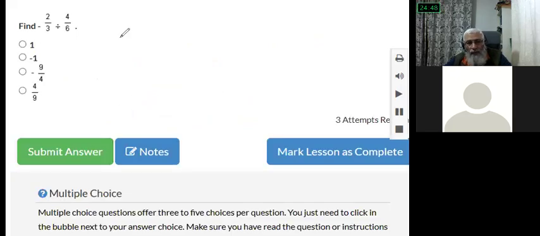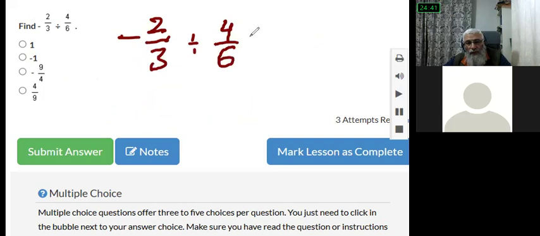This one. Negative 2 over 3 divided by 4 over 6. The result will be positive or negative? Negative divided by positive is negative. So this is not correct.